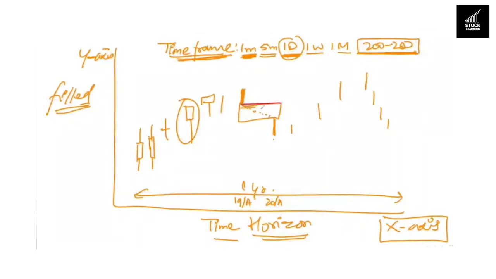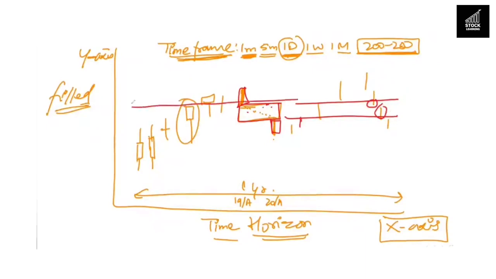Now this gap which has been created here has been filled up between this and this candle, which means if there was a candle here and a candle here and no candles in between, there will be a time when some candles will appear in this zone of the price.